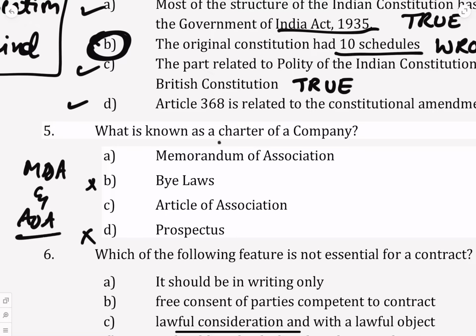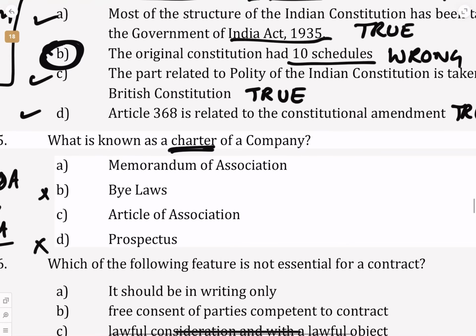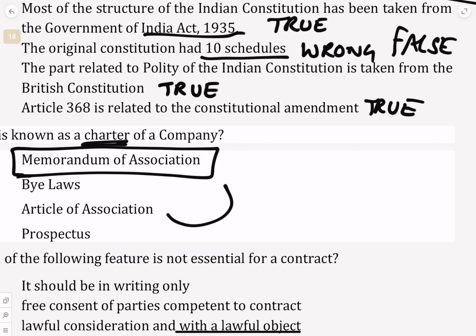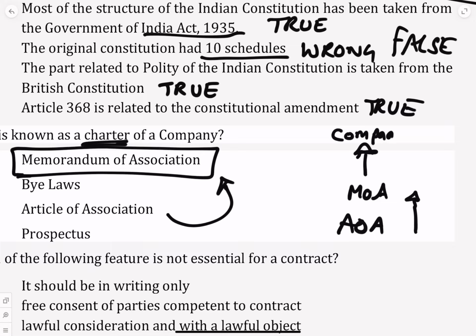But if there's a question particularly about charter document, because we know all the time that MOA is more important or above. See, AOA has to be according to MOA. So we have AOA, then we have MOA above that. Then above MOA and AOA we have the Companies Act, yes, 2013.